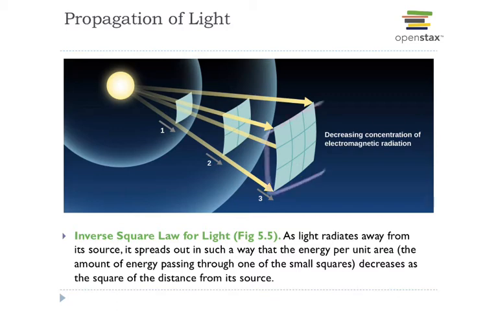Our distance of how far we are and how much we're getting. And then we could reverse engineer that, and we could calculate how much of that light is going out in all directions, because we're just getting it from one single direction. So it gets spread out all the way through. And so this is a relationship between the distance and the energy that we get per unit.